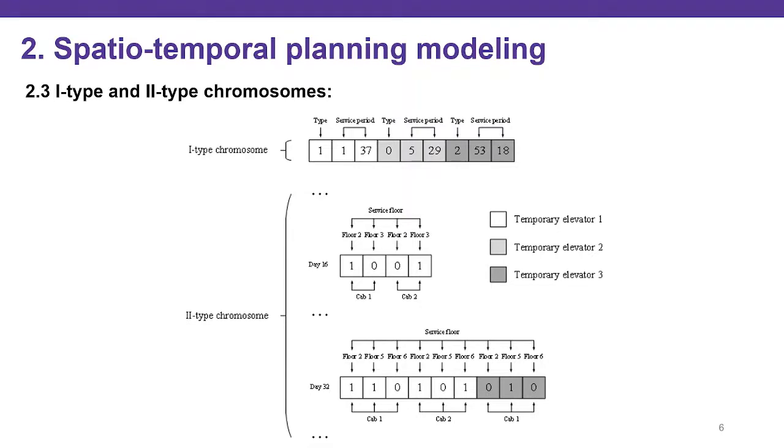As shown in the figure, on day 13.2, the service floor of cage 1 of temporary elevator 1 includes floors 2 and 5. That of cage 2 of temporary elevator 1 includes floors 2 and 6, and that of cage 1 of temporary elevator 3 includes floor 5.